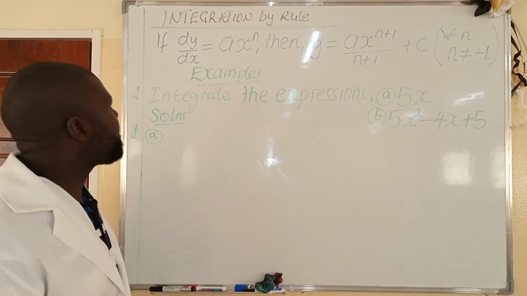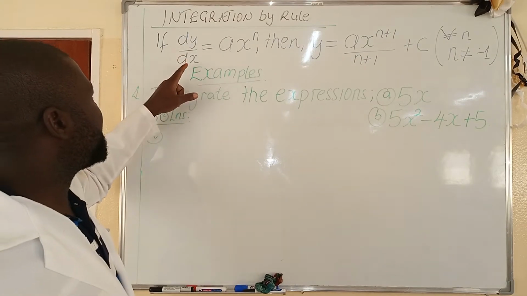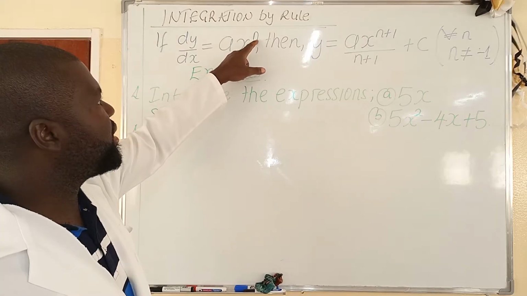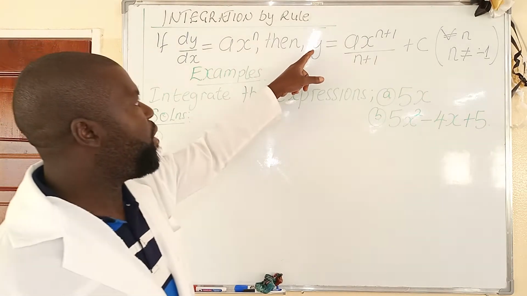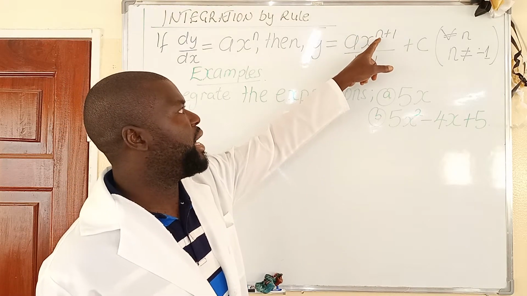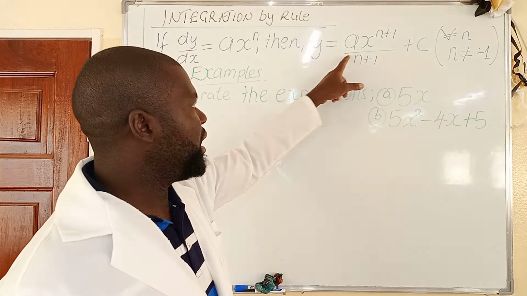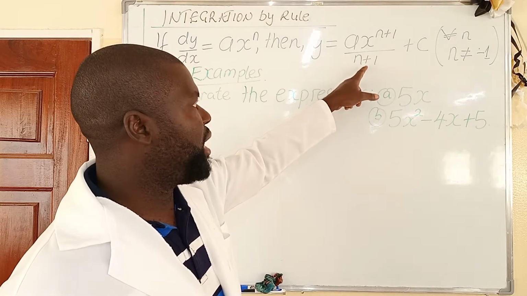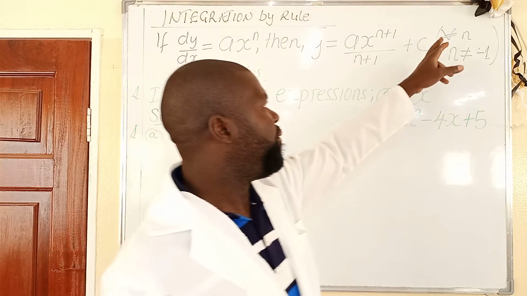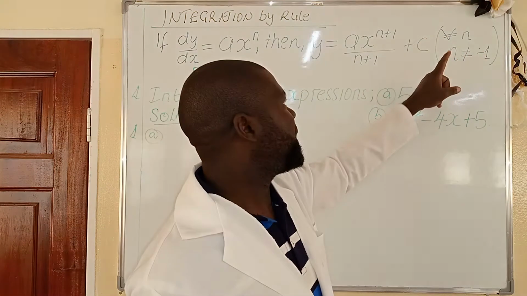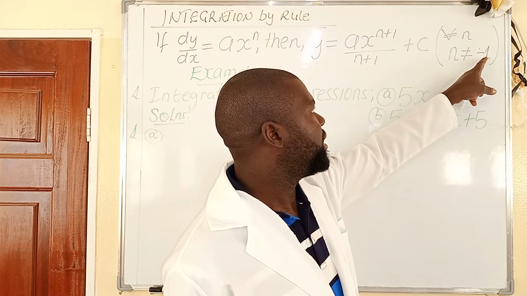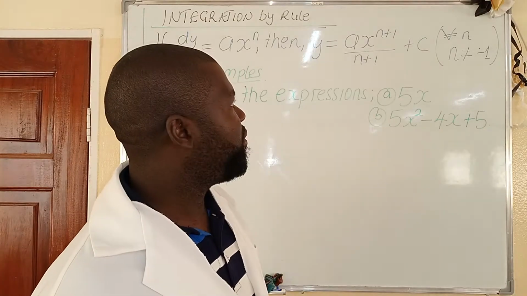So if dy/dx is equal to ax^n, then y is equal to ax^(n+1) over n+1, plus c, for all n except n equal to negative 1.